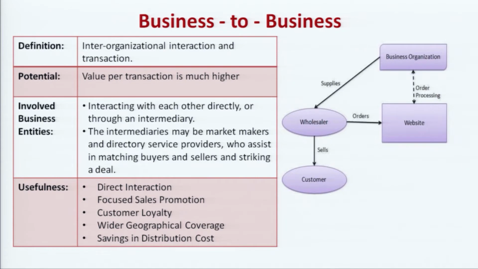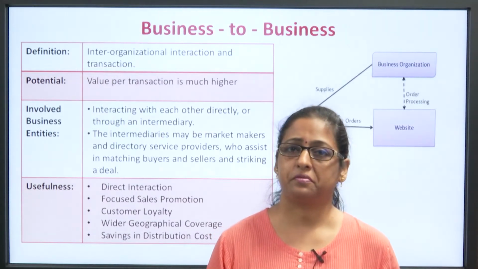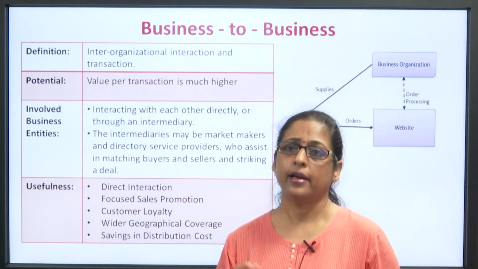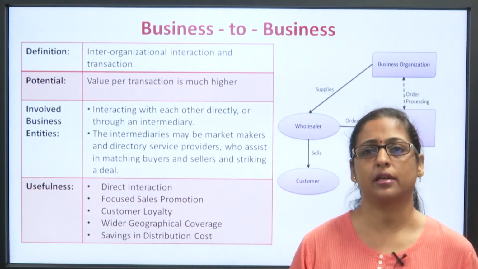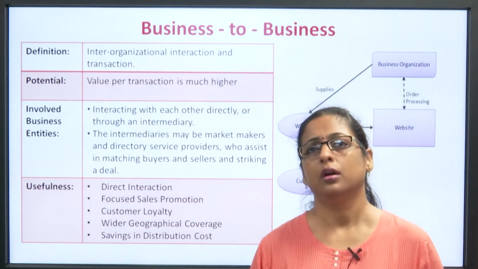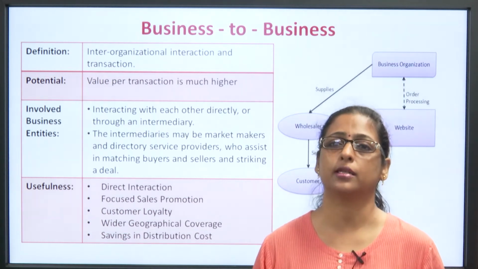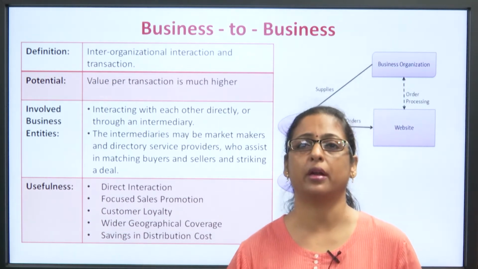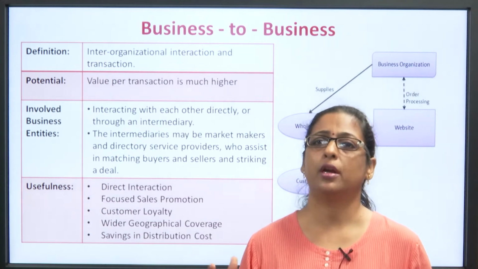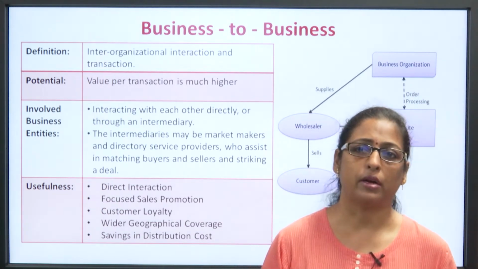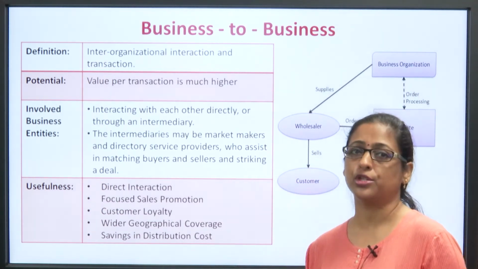Since two businesses are getting connected, the quantity of product that they are ordering or selling to each other is in bulk. For example, a manufacturer may require certain raw material from another company, which would obviously be a huge quantity. So, this is one reason that this has a very high potential.